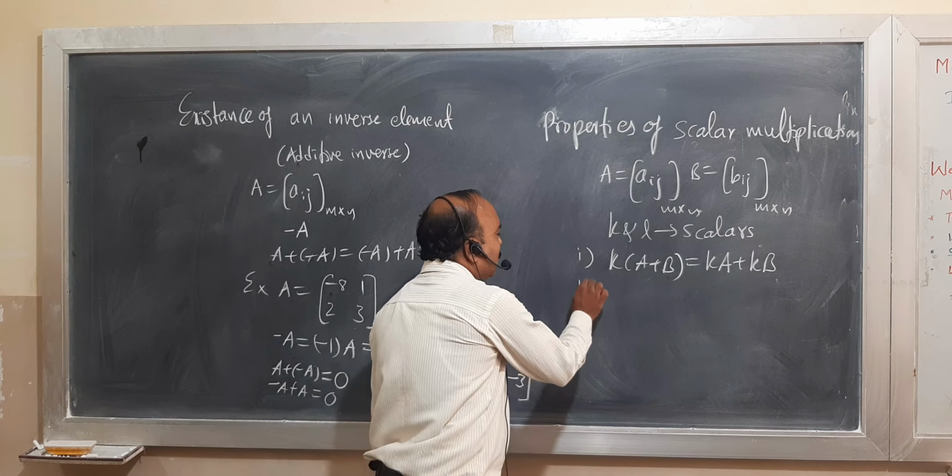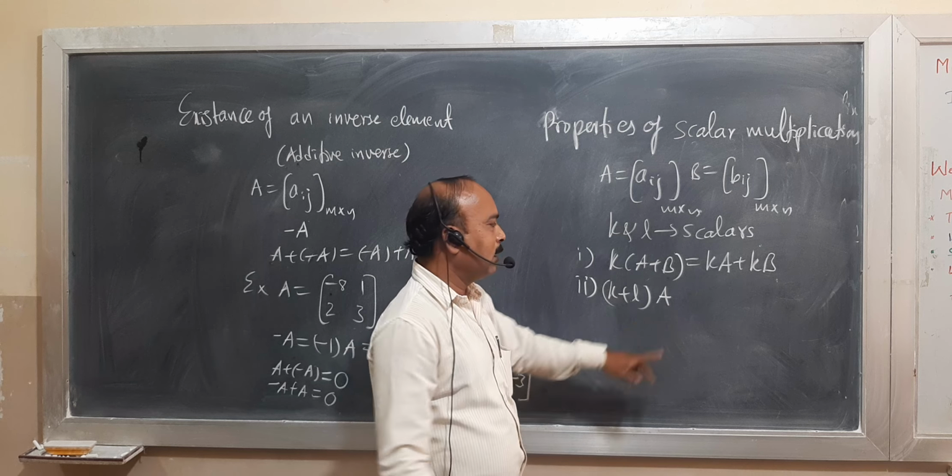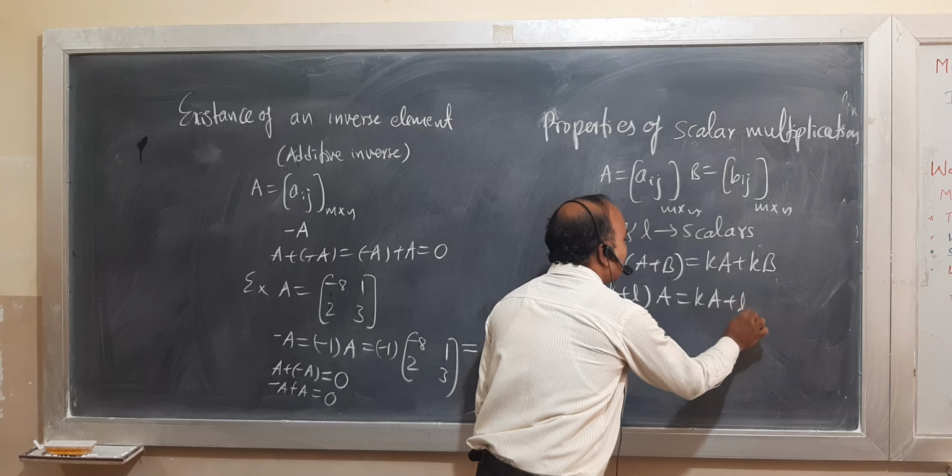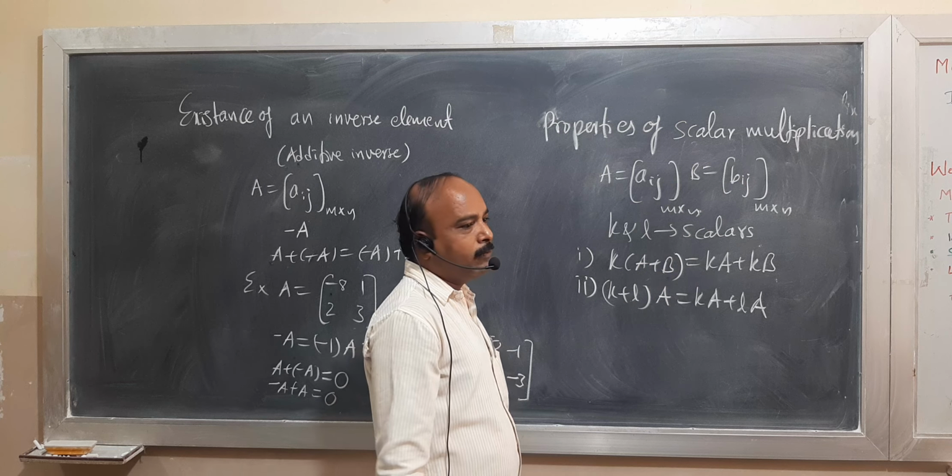Similarly, second result, that is k plus l into A. Here the sum of scalars k plus l is multiplied with the given matrix A. Then we get k into A plus l into A. These two are called the properties of scalar multiplication of the matrix.